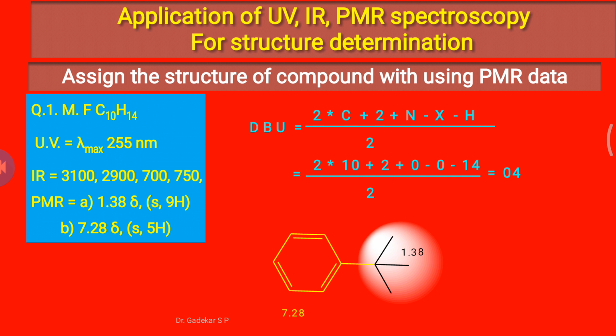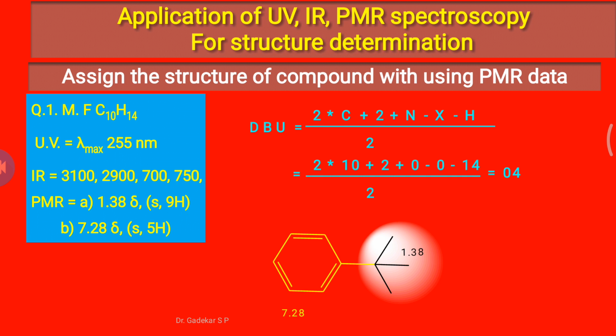The absorption bands near about 700 and 750 suggest the presence of a mono-substituted aromatic ring.